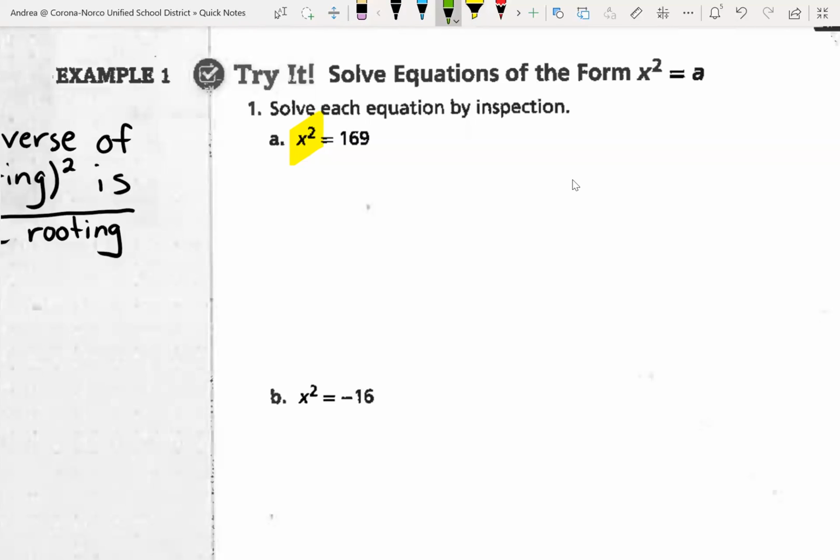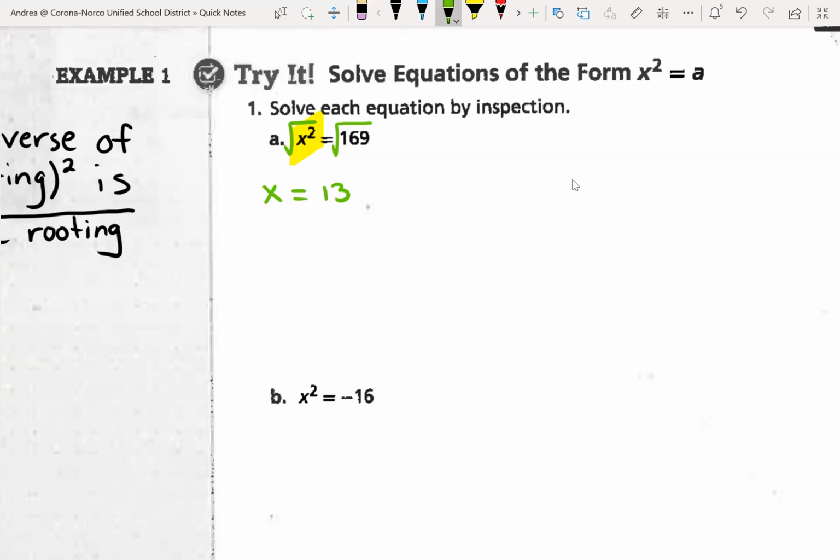So to do that, I square root both sides. What's the square root of x squared? X. The square and the square root cancel each other out because they undo each other. And what's the square root of 169? 13.